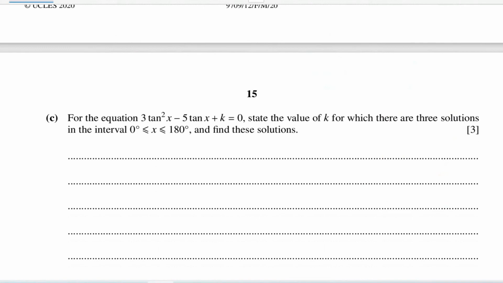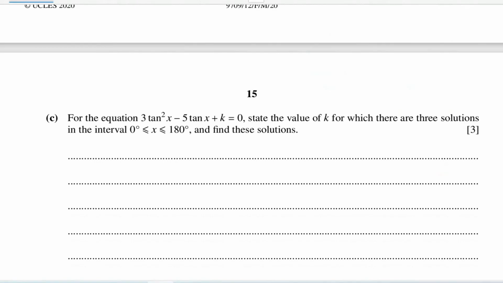Generally the quadratic equation will have 2 solutions, and this equation should be equal to 0 when you substitute the x value, and we know tan x will be 0 when x is 0 and 180. So we need to get a term tan x so that we will get 2 solutions from that.